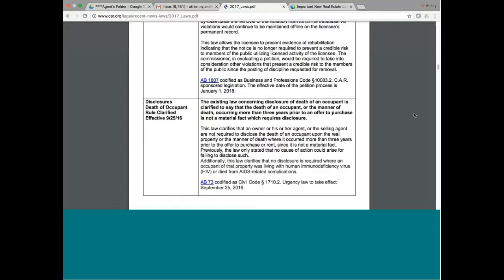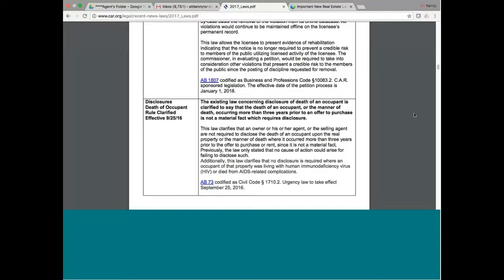Could you see any possible distinction between having a law that says you could not be sued if you don't disclose any death that is older than 3 years versus one that says death that is greater than 3 years is not a material fact? I think there may be some distinction. In the new law, it's clearer why you could not be sued.